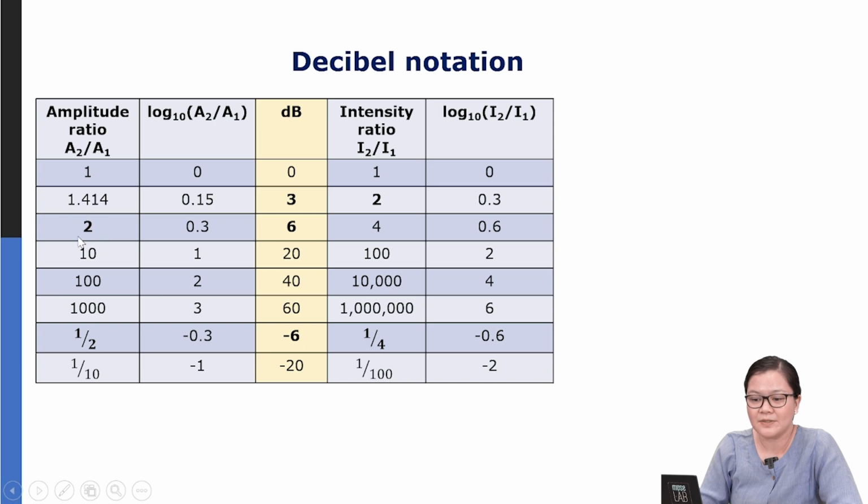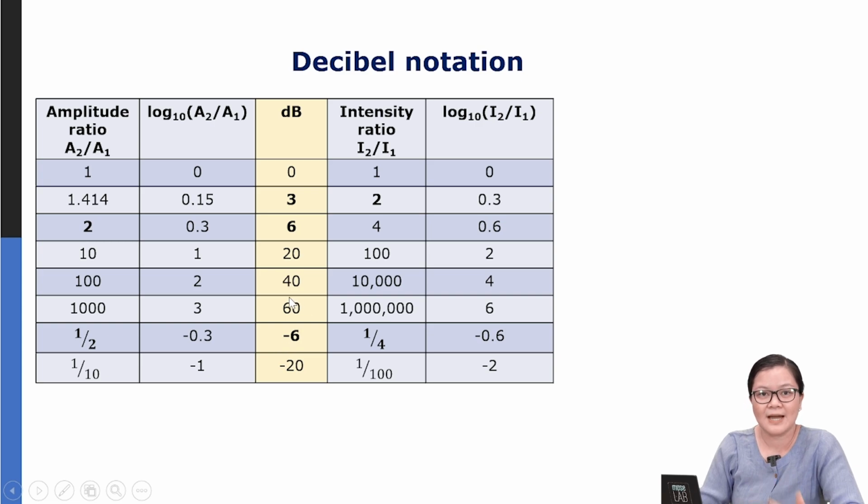Now in terms of amplitude, if the amplitude is doubled, then the dB notation for that is an increase of 6 dB. And similarly, if there is an attenuation in the signal, for instance, if you get half of the amplitude, the signal is attenuated by half, then the dB notation would be -6 dB.